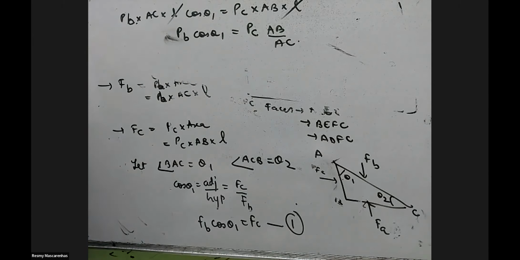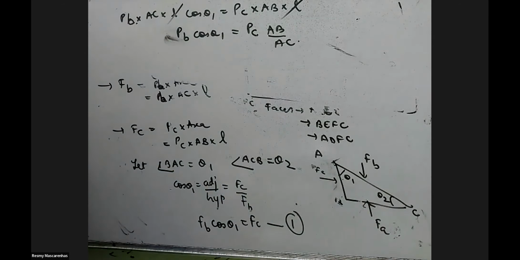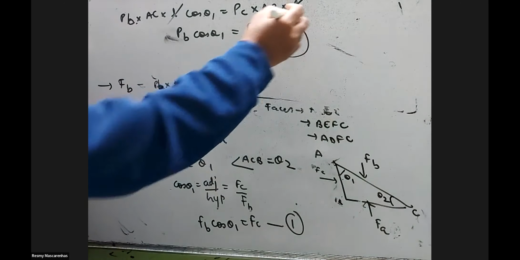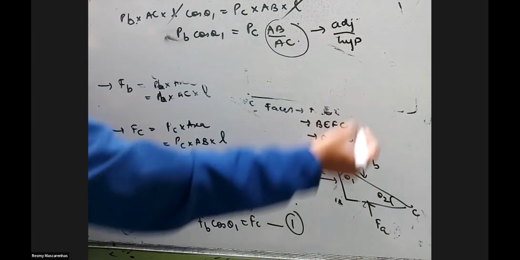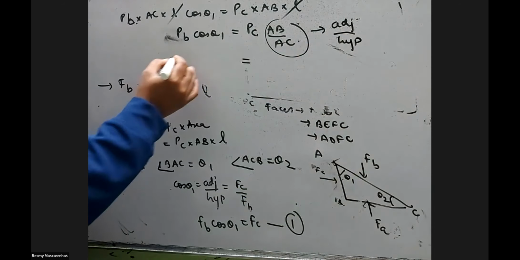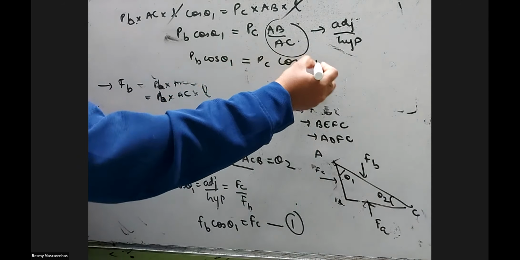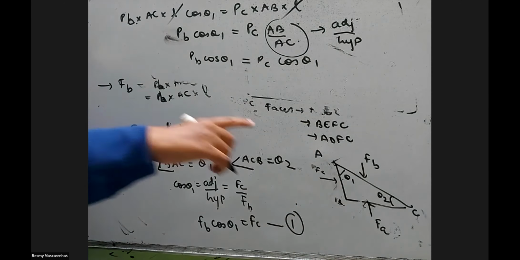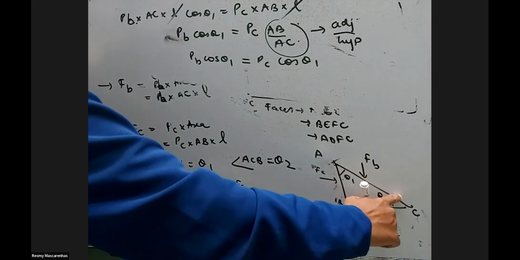Now if you see what is AB upon AC, it is nothing but adjacent upon hypotenuse, cos theta in terms of sides.